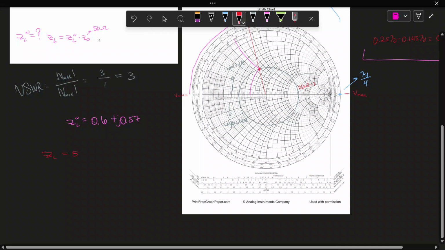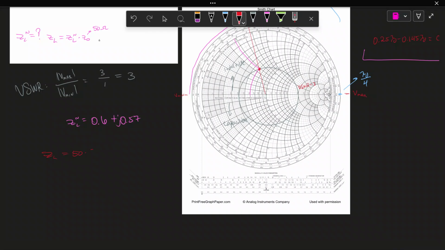Load impedance is 50, or your characteristic impedance, times your normalized load impedance. So now we have 50 times 0.6 plus 50 times 0.57. So 50 times 0.6 is 30, plus 0.57 times 50, 28.5. There we go. So we've solved for load impedance.